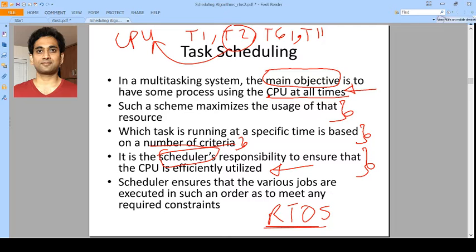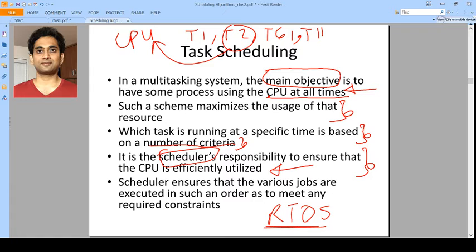Among the many functions provided by a real-time operating system, one of these functions is to manage memory resources. The other function is to manage the CPU resource. The processor is a valuable resource, and managing this processor is a job of the operating system.